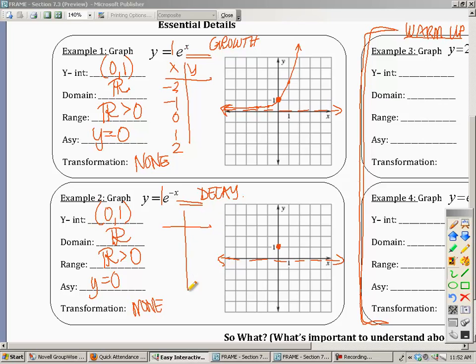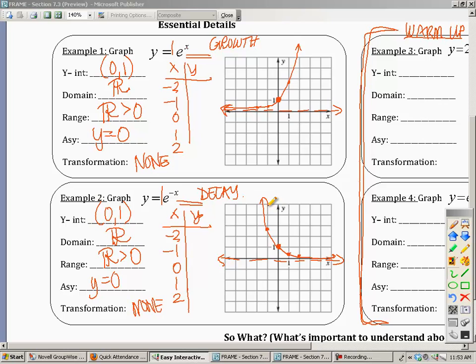Again, if I wanted to find points, pick my trusty values of -2, -1, 0, 1, and 2. But you should find that it ends up being pretty similar to the graph that we had before, only it goes in the other direction. I start high and go down low. Okay, and so this is the idea.